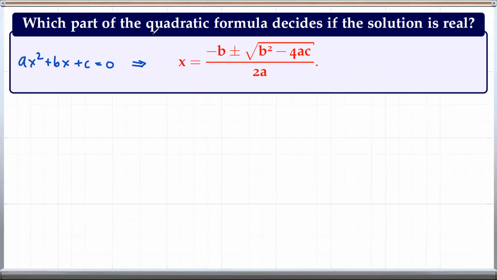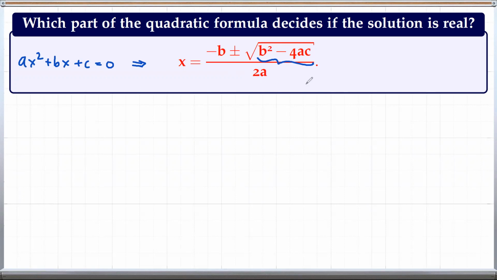Now we ask which part of this formula decides if the solution is real. We have negative b here, which is always real. We have 2a in the denominator, which is always real, as long as a is not 0. Now the problem is here at the square root.